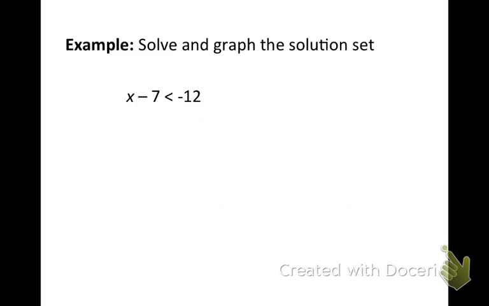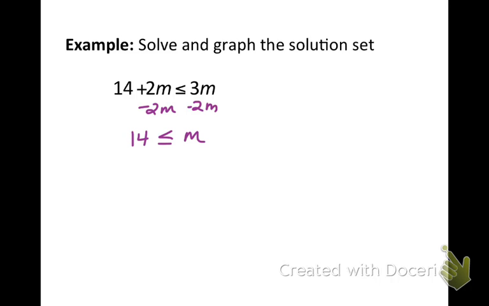Okay, all right, let's do another one. 14 plus 2m is less than or equal to 3m. First step would be to do what? Good. So then we get 14 less than or equal to m.